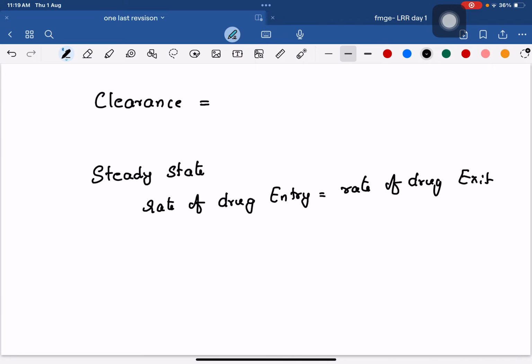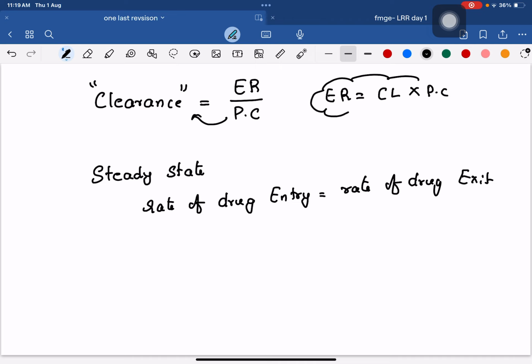Coming to another concept called clearance. Clearance is given by the formula elimination rate divided by plasma concentration. So I can also write it like this: elimination rate is equal to clearance into plasma concentration.